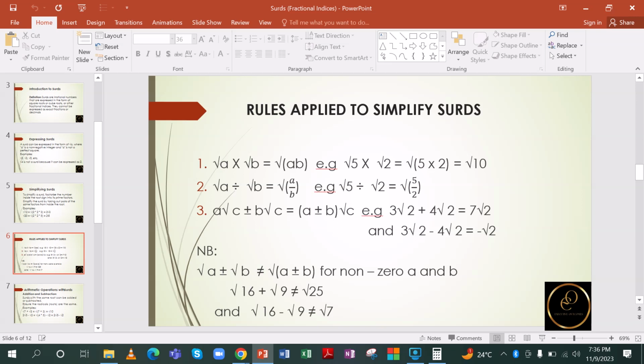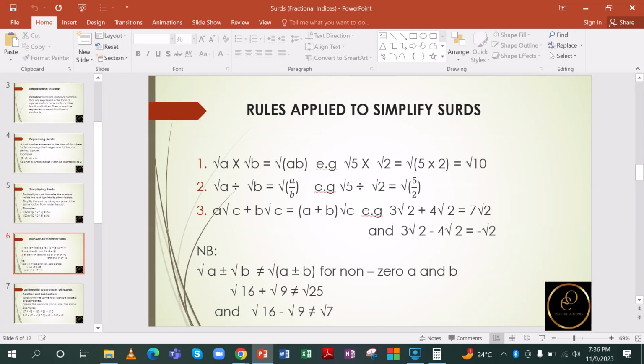To demonstrate this, for instance, you have the square root of 5 times the square root of 2. This is the same as finding the square root of 5 times 2, which simplifies to the square root of 10. That's how you deal with surds when you are looking at the product. Then there is the division.